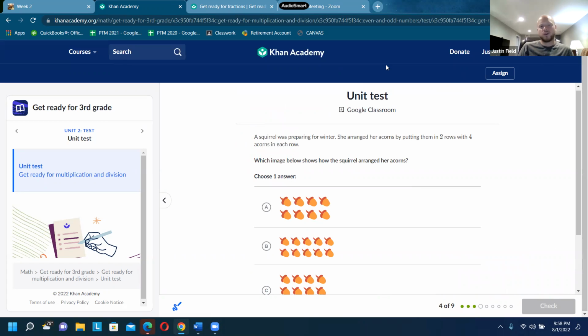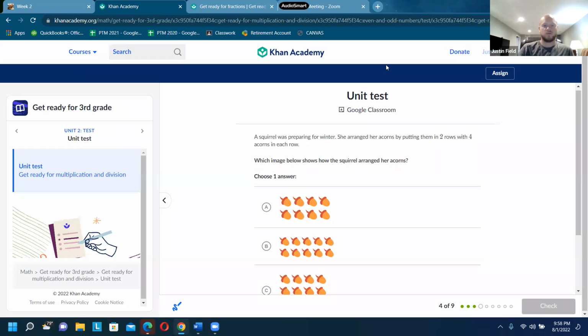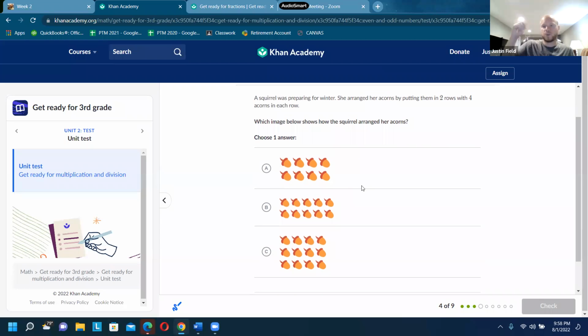A squirrel was preparing for winter. She arranged her acorns by putting them in 2 rows with 4 acorns in each row. Which image shows how the squirrel arranged her acorns? Okay, so we want to find 2 rows and 4 acorns in each row. Which options have 2 rows?